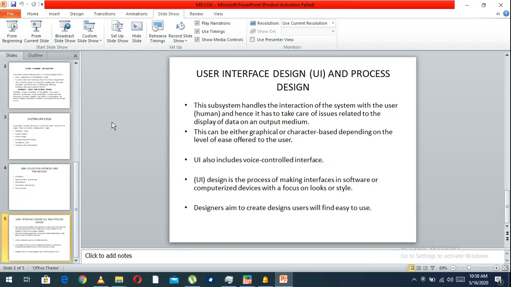We need to focus on the style, so we have to work on that. And these designers aim to create designs which are user-friendly and easy to use, so that those intended users can use these designs.